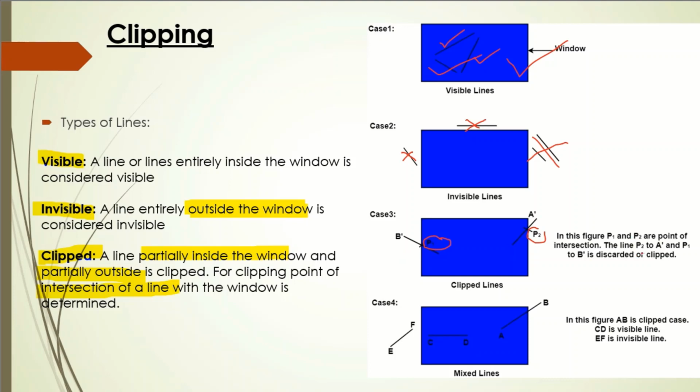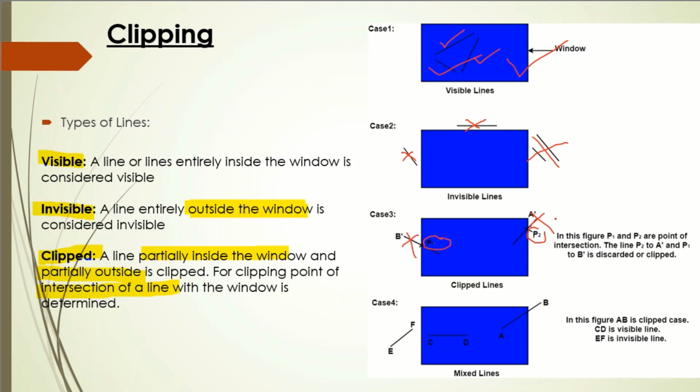So the line P2 to A dash and P1 to B dash is discarded or removed and will be clipped, because this one is partially inside and partially outside. Those parts outside here will be clipped and removed.